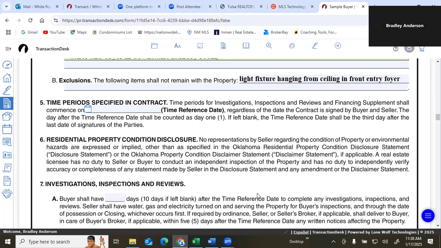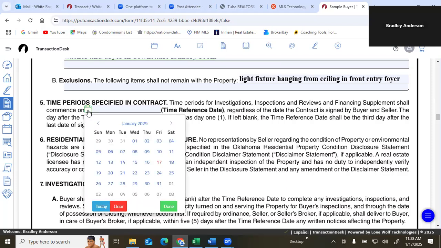Well, there's going to be a couple of days that go back and forth, and it's going to be executed on a certain date. And you think that that date is going to be, I don't know, January 19th. Well, I might put the executed date here, the time reference date, as January 20th.